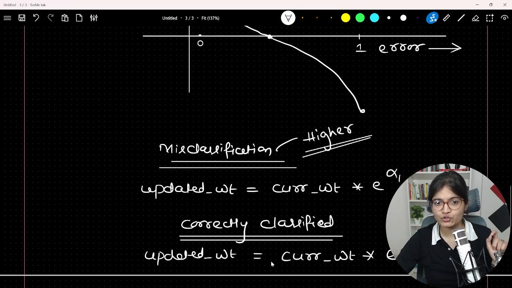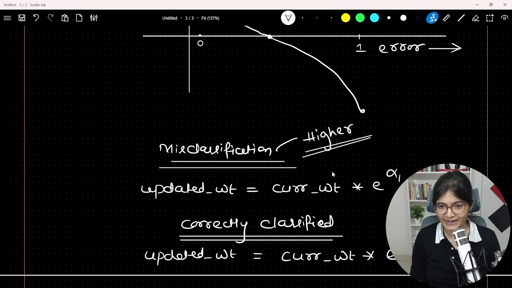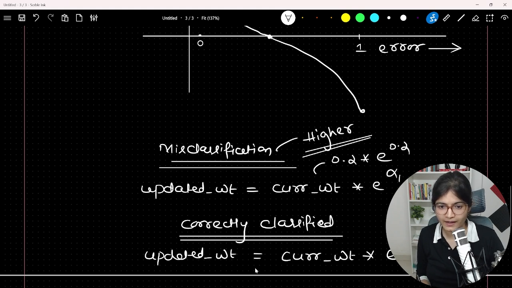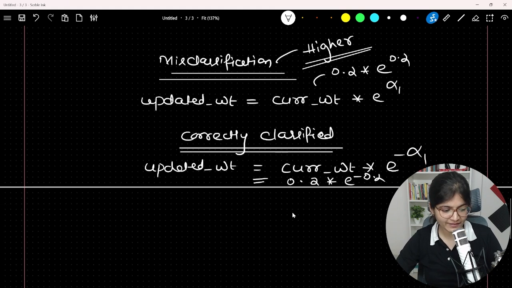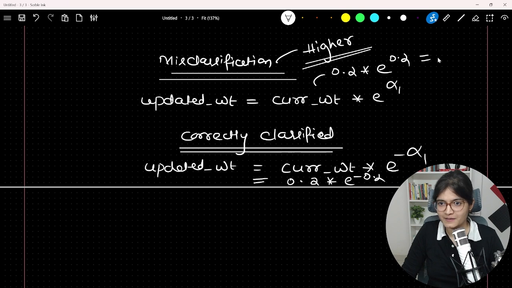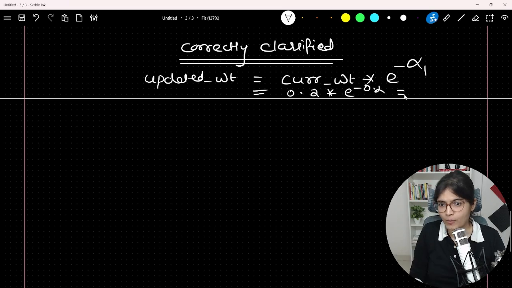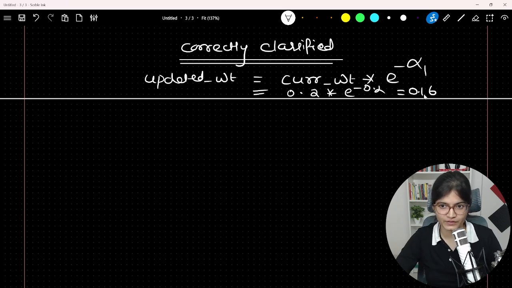So now if you have to update the misclassified points' weight, it will be 0.2 into e to the power 0.2, and for the correctly classified points it will be 0.2 into e to the power of minus 0.2, right? If you solve this, it will come out to be 0.24 in this case, and 0.16 in this specific case.